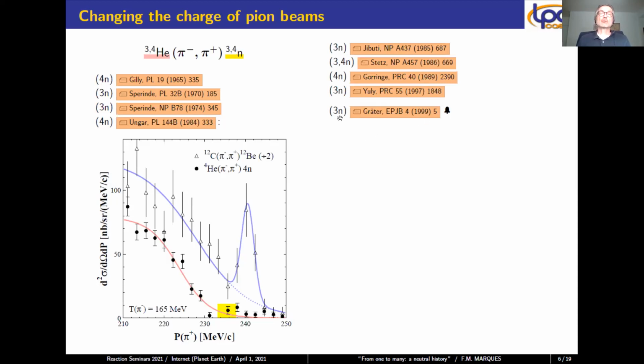So this one, I put some mark here because it was 1999, and this was interesting to me because it was the paper that put me in contact with the field. So in 1999, I was spending some time in the LPC library, and I found a paper that seemed quite crazy, people looking for trineutrons.